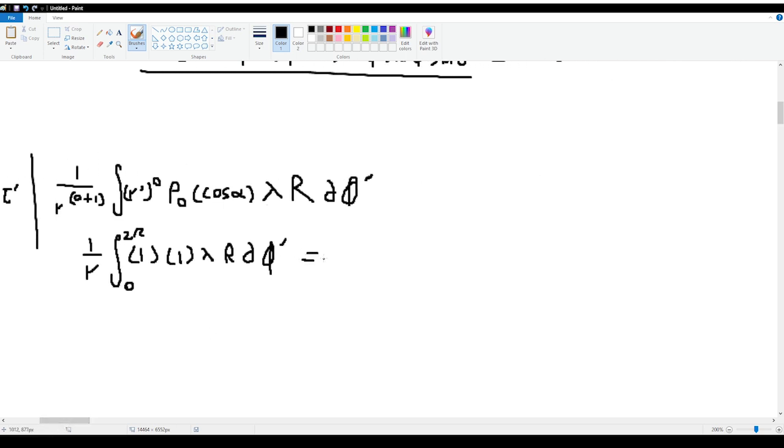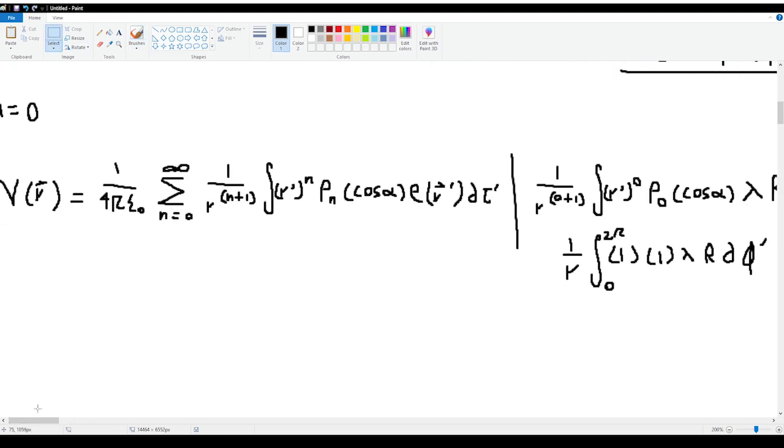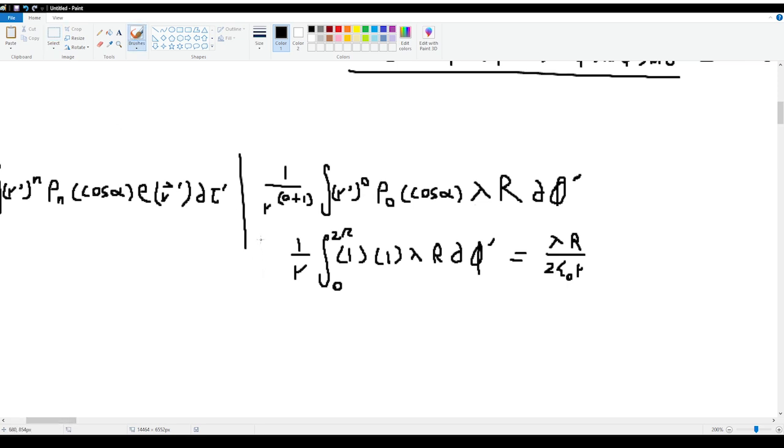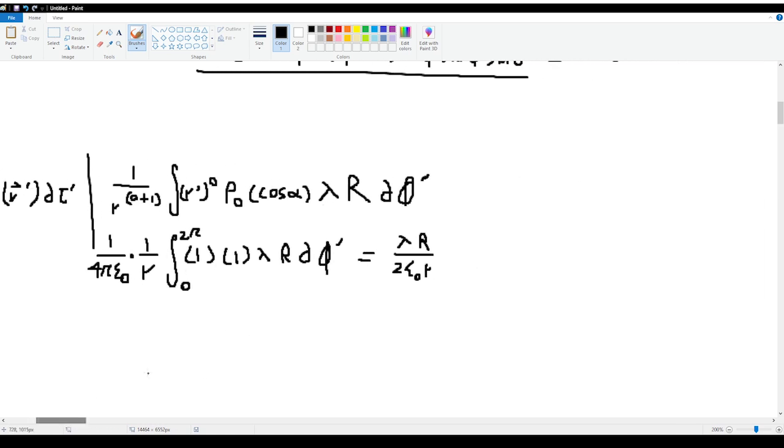So this one's pretty easy, and we'll just end up with lambda r over 2 epsilon naught, once we multiply by 1 over 4 pi epsilon naught, because the 2 pi's cancel, and this is going to be our first term.